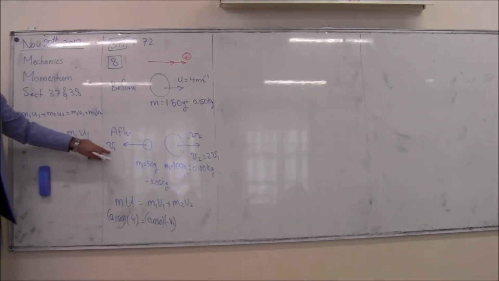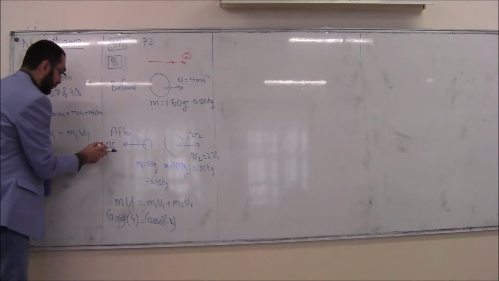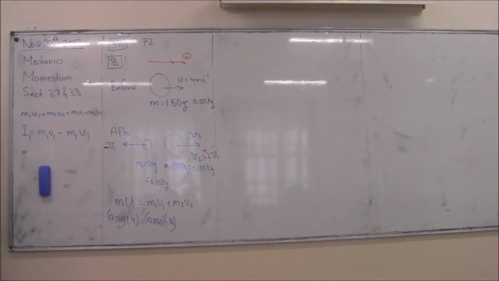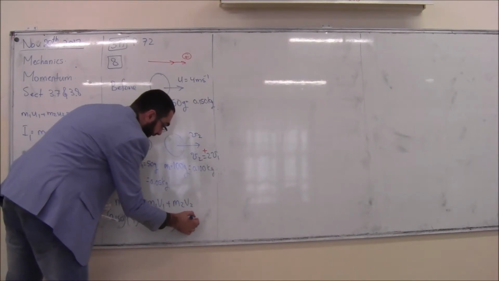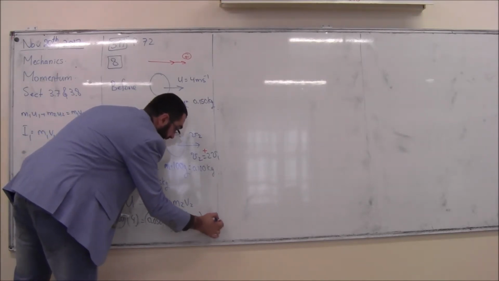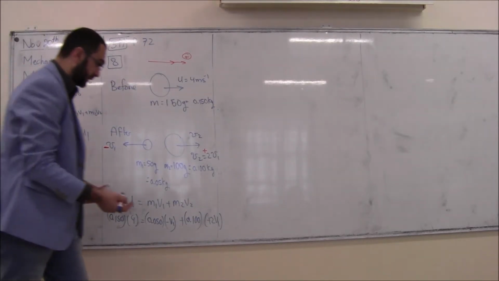Why negative? Because it's in the opposite direction. This is minus V1. Plus 2V1. Clear? Any question about this? Plus M2, 0.100, times positive 2V1.